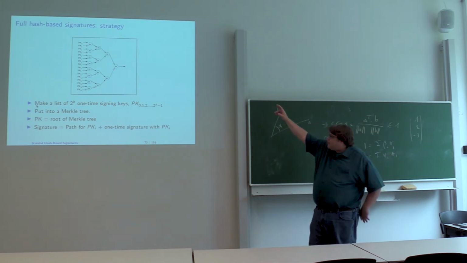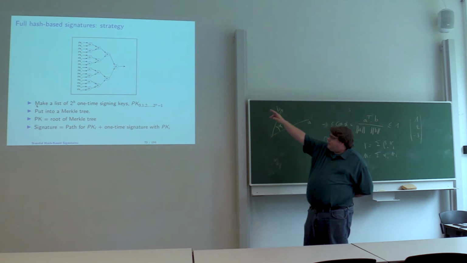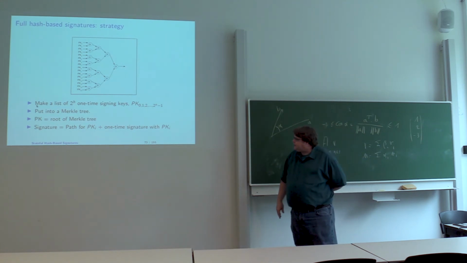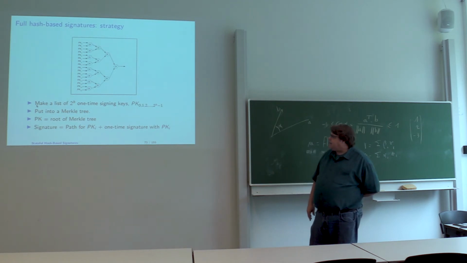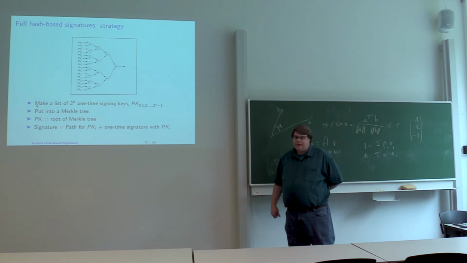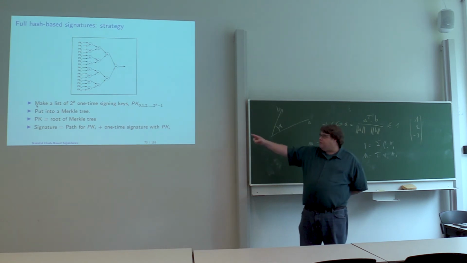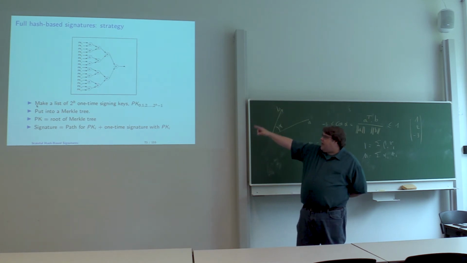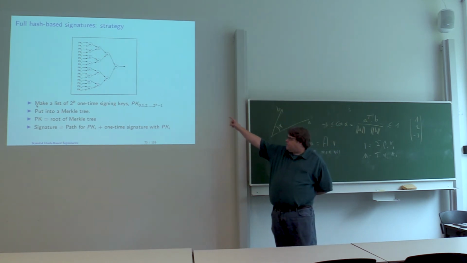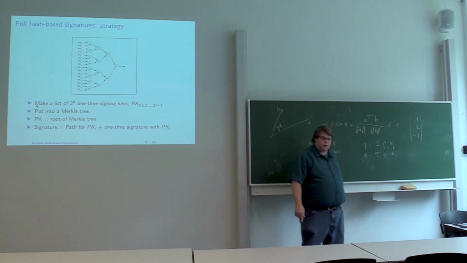I've built a Merkle tree with a big list of keys in it. I'm going to make a big list of 2 to the H one-time signing keys and put them all in a Merkle tree. My composite public key, the one I give everybody, is going to be the root of this Merkle tree. And every signature is just a Merkle tree path plus a one-time signature from the leaf.